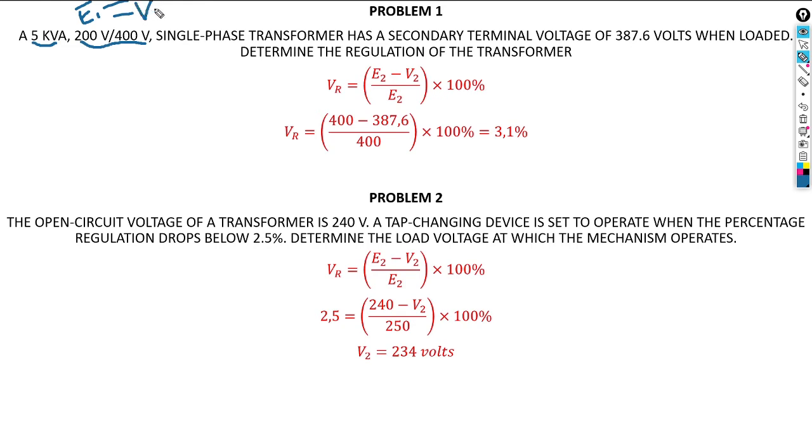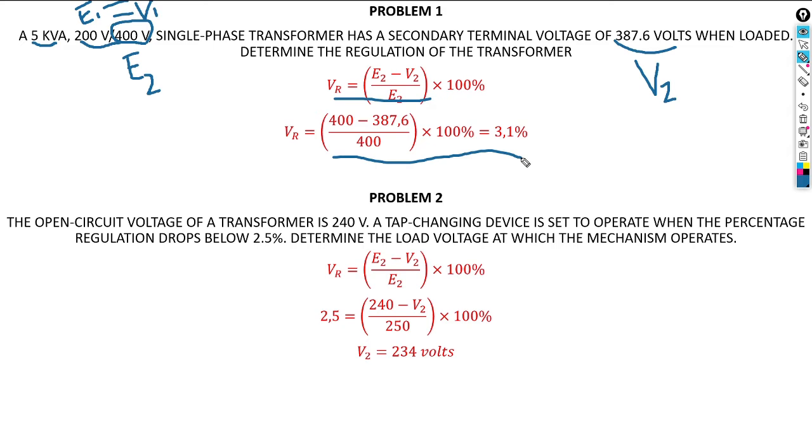Then the given 400 will be equal to our E2, the induced EMF 2, which is going to be different from our V2 because we have losses, we have an impedance. They give us the V terminal, and the V terminal we say is going to be our V2. The question says we must calculate the voltage regulation, so you apply this formula and you get your voltage regulation.